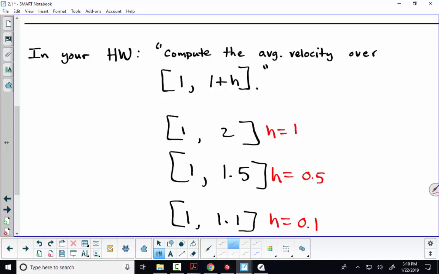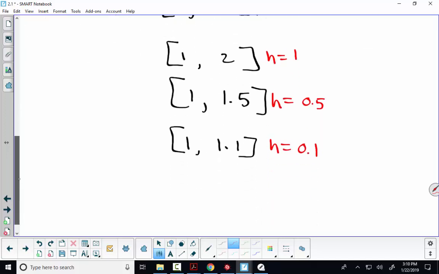And think about it, if you had to do like 6 or 7 or 10 of these, it's honestly easier to do it this way, where we're just saying, each time I'm just changing from my left endpoint, which is fixed at 1, by a specific number. So if I compute the average rate of change over the interval from 1 to 1 plus h, let's go down here with that.